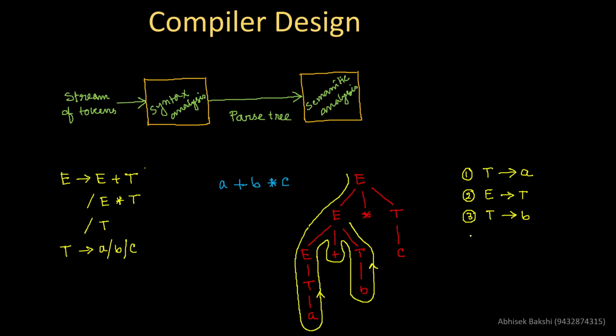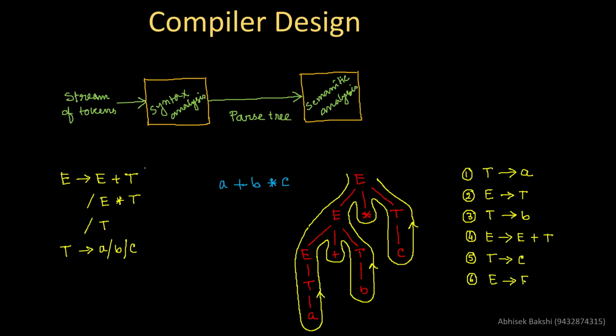Now in the fourth step you can apply E to E plus T. Then I'll go upward again, get a leaf node, and start reducing again, and now small c is reduced to capital T. That means the fifth one will be T to c, and then it will go upward again, and I'll finally reach the root, and I hope you can easily understand that the sixth one will be nothing but E to E star T, right?